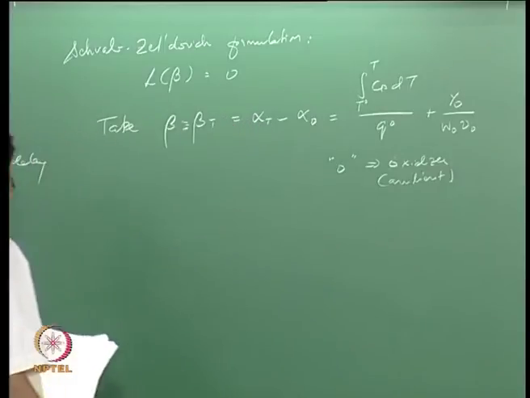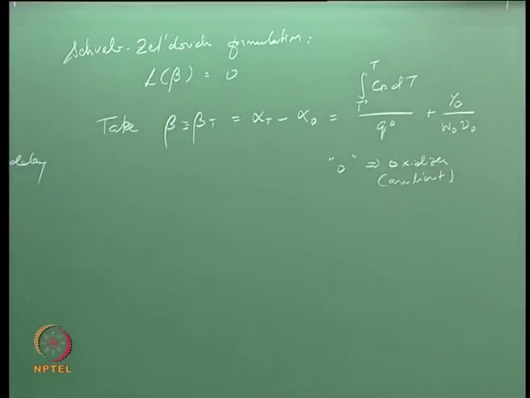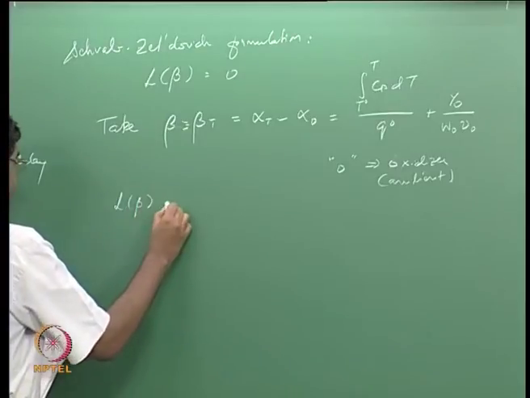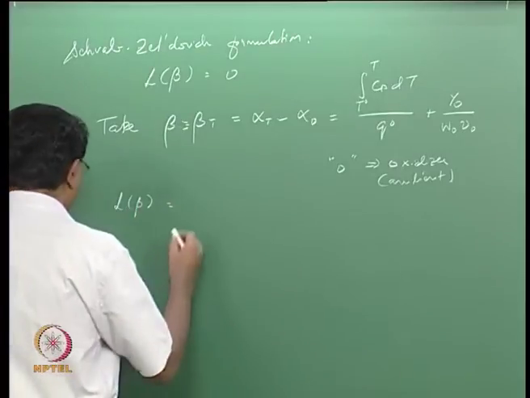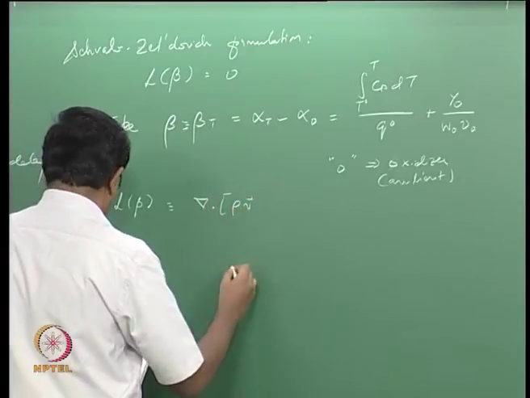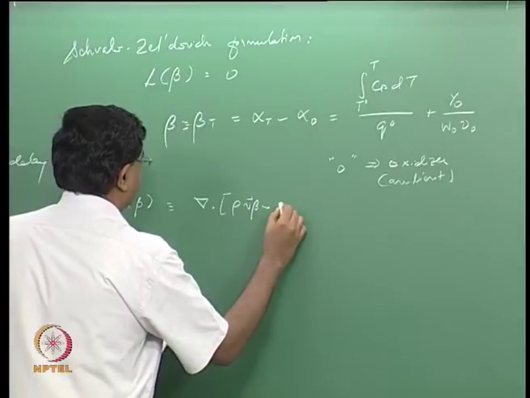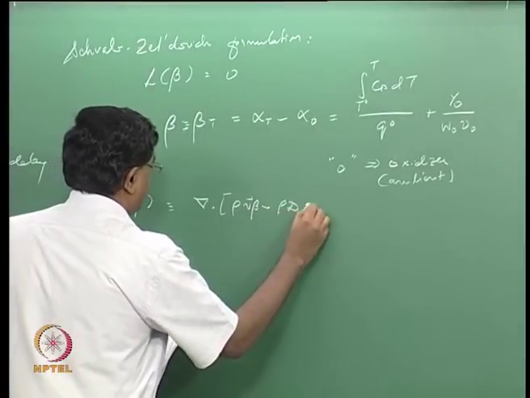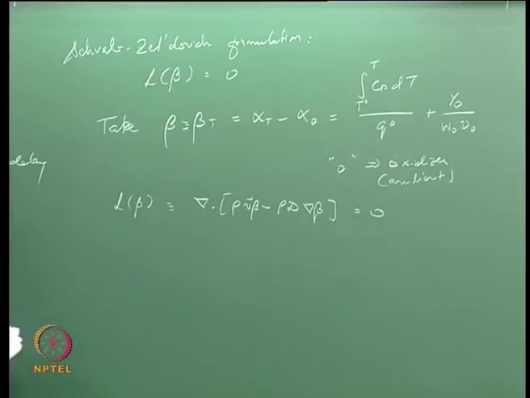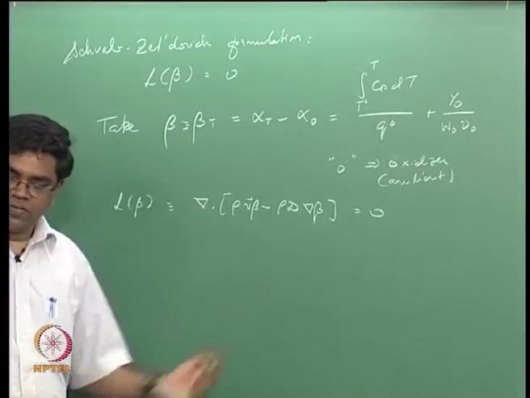And L of beta is the divergence of rho v beta minus rho D divergence of beta, equal to 0. This is something we have written about two or three times now in solving different problems.